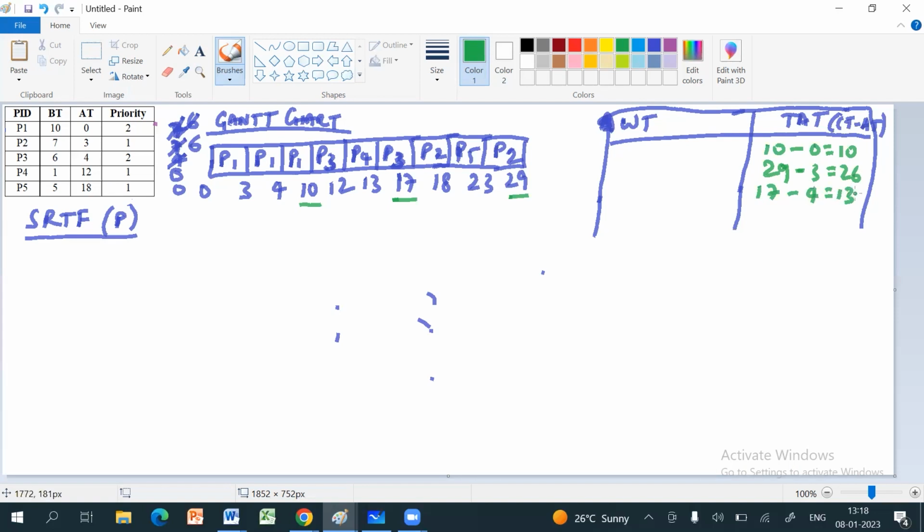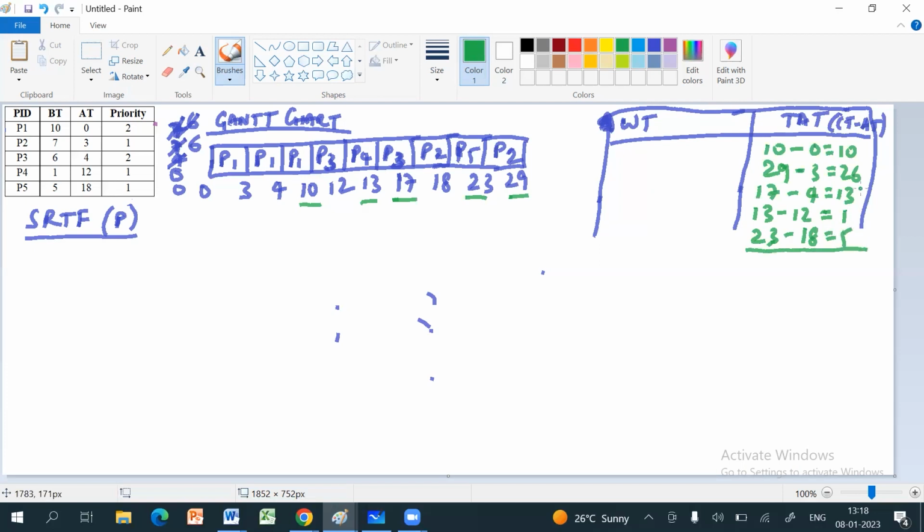P4 completed at 13. So 13 minus the arrival time 12 is equal to 1. And lastly, P5 has completed at 23. 23 minus the arrival time 18 comes up to 5.